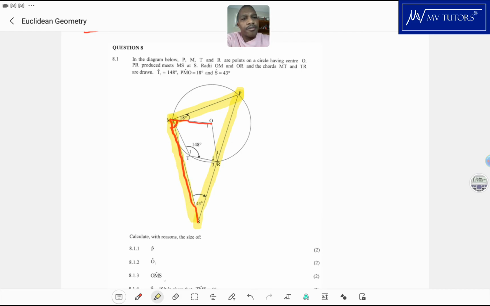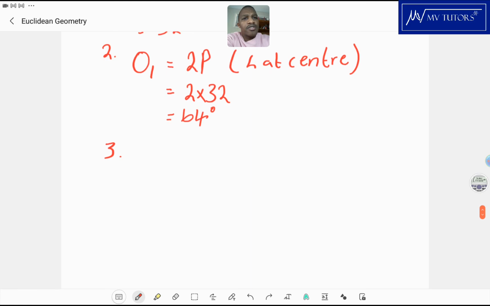Do you see that we have angles? We can use the internal angles of a triangle. We know that the internal angles of a triangle add up to 180. So we can probably solve that angle OMS. Let's leave it as OMS for ease of calculation.